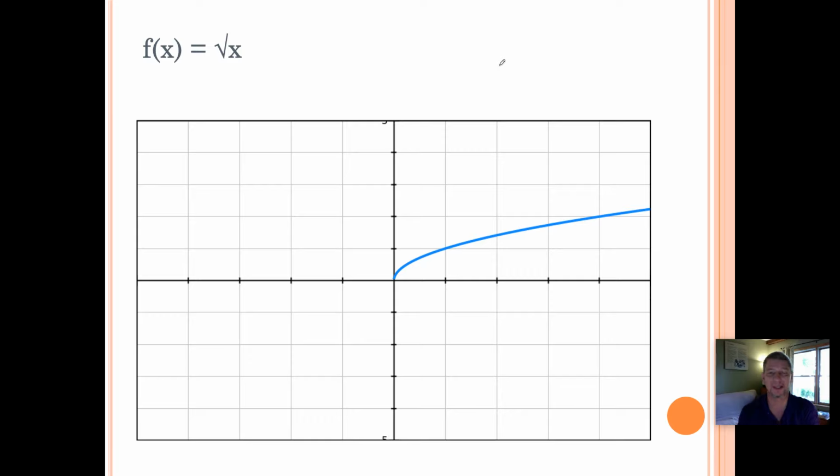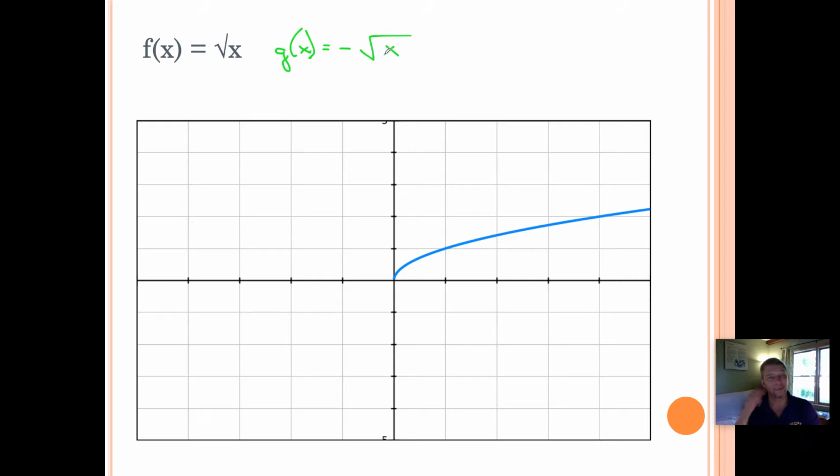It doesn't exist. Anyway, for g of x, I was asked to make this negative, so g of x is going to equal negative the square root of x.